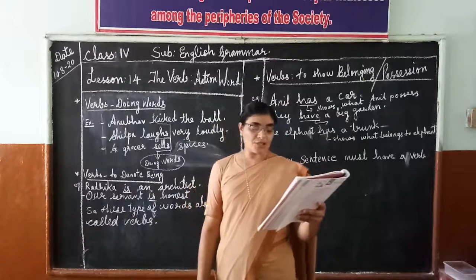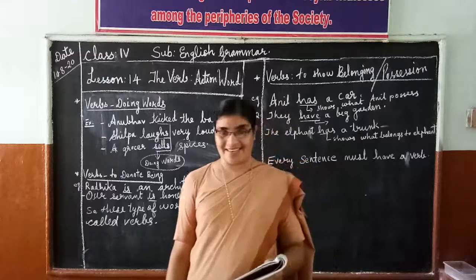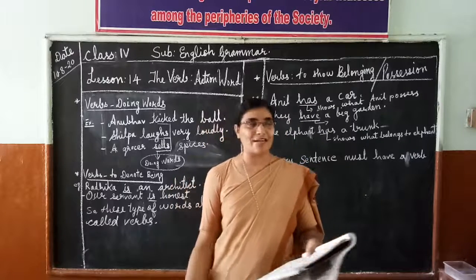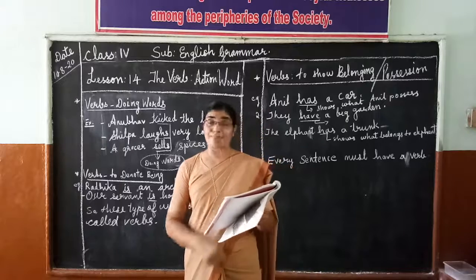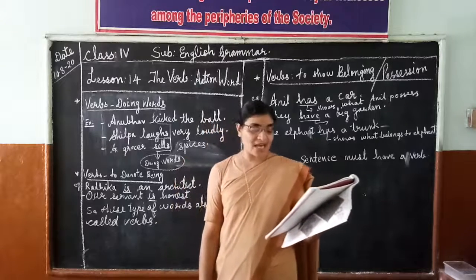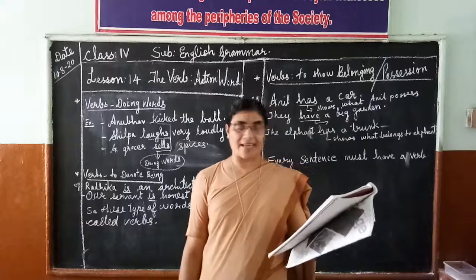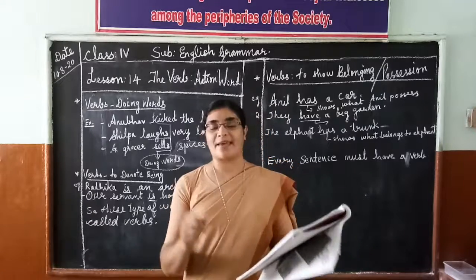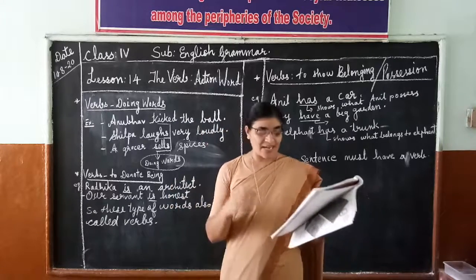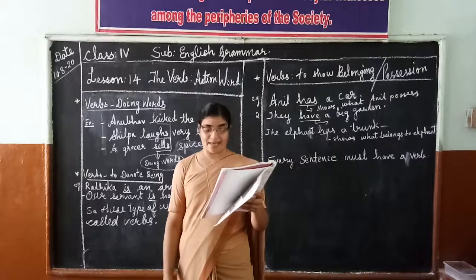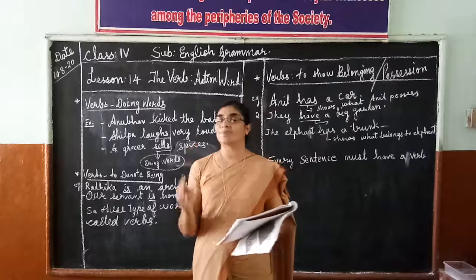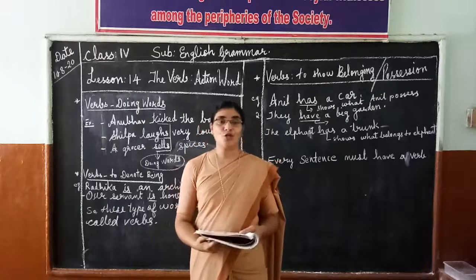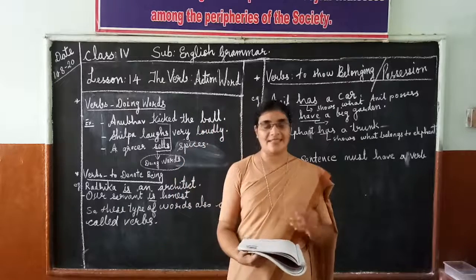She spoke well in the assembly. Here the verb is made of only one word, spoke. She is speaking in the assembly. We have two words, is speaking. She will be speaking in the assembly. Will, be and speaking, that means we get more than two words in the verb.